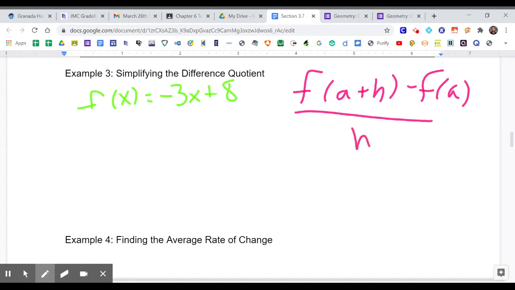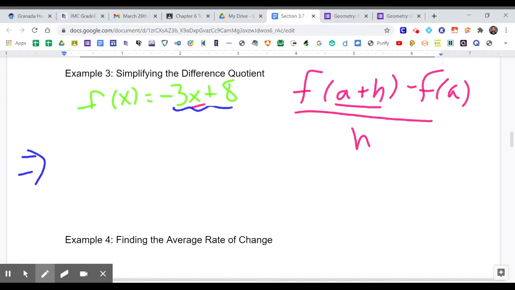So what we're actually going to do is, instead of f of x, just use a's and h's, right? But we're going to substitute them in because remember functions, right? When we have an a plus h, we're really substituting it in for x. So let's do that.